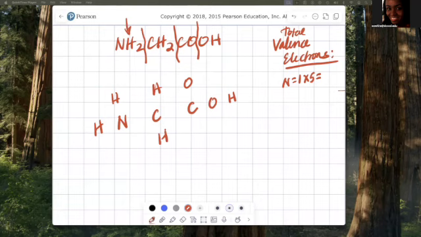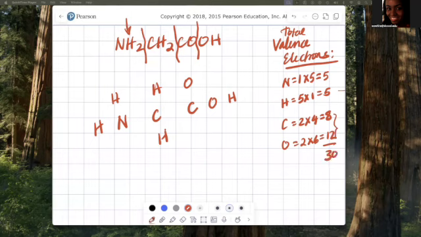We have 5 hydrogens bringing in 1 electron each, so we have 5 and 5. And then we have 2 carbons bringing in 4 electrons each, so we're working with 8. And then we have 2 oxygens bringing in 6 electrons each. Remember, these are essentially the group numbers, right? So we've got 12 here. So these two make 20. So we got 30 electrons to work with, okay?